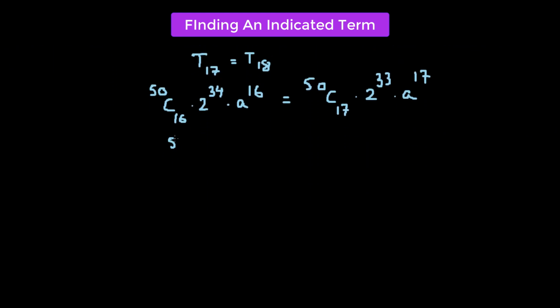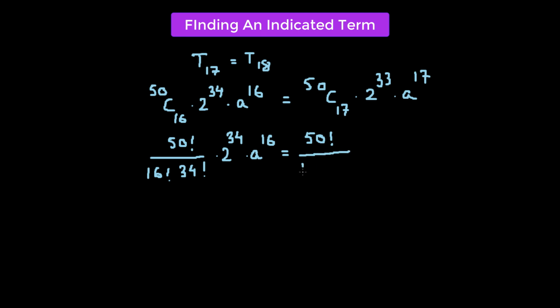Now 50C16 can be written as 50 factorial over 16 factorial times 34 factorial times 2 raised to the power of 34 times a raised to the power of 16, which is equal to 50 factorial divided by 17 factorial times 33 factorial times 2 raised to the power of 33 times a raised to the power of 17.